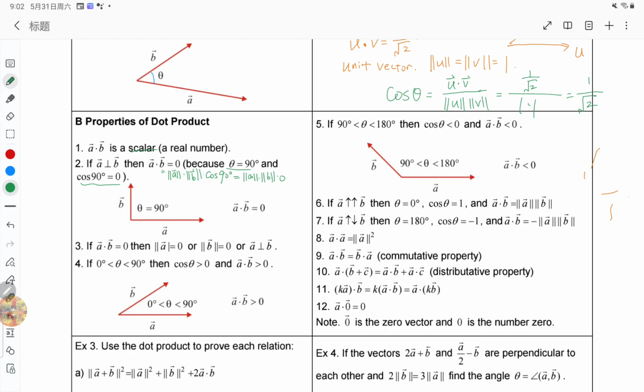And it is also saying if the inner product of A and B is 0, either the length of A is 0, the length of B is 0, or A is orthogonal to B. Yeah, I think if you understand this, it's fine. You don't need to remember every conclusion, right?